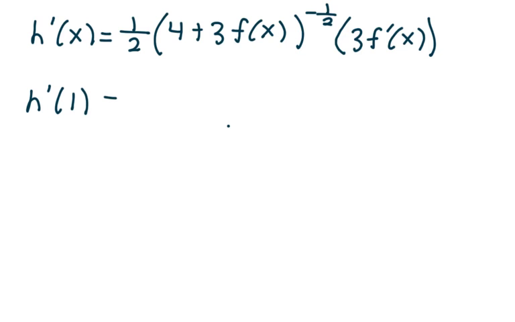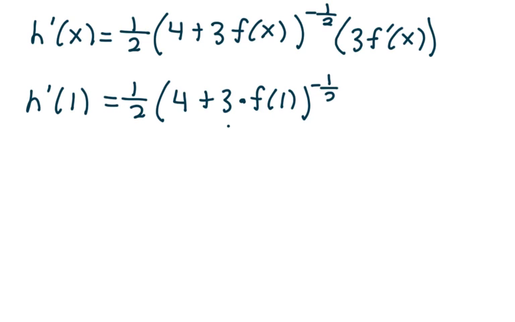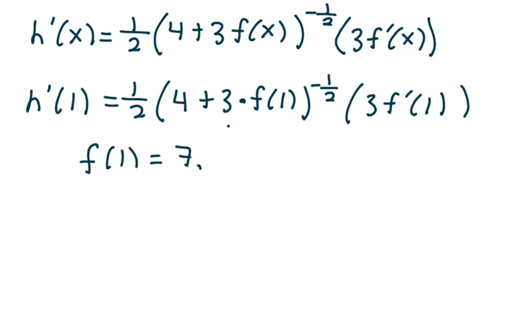H prime of 1. So I'm going to replace x with 1. So I get 4 plus 3 times f of 1 to the negative a half times 3f prime of 1. But remember that f of 1 is equal to 7, and f prime of 1 is equal to 4.